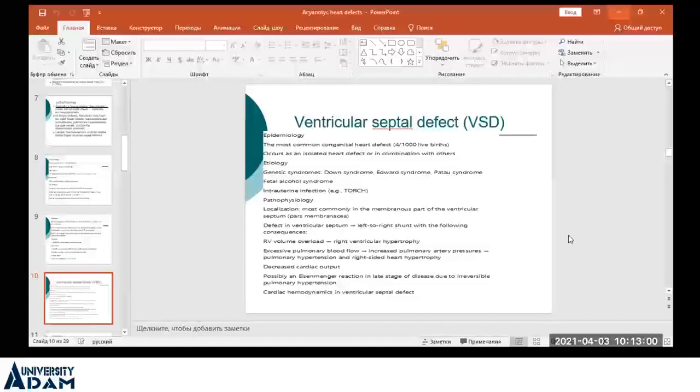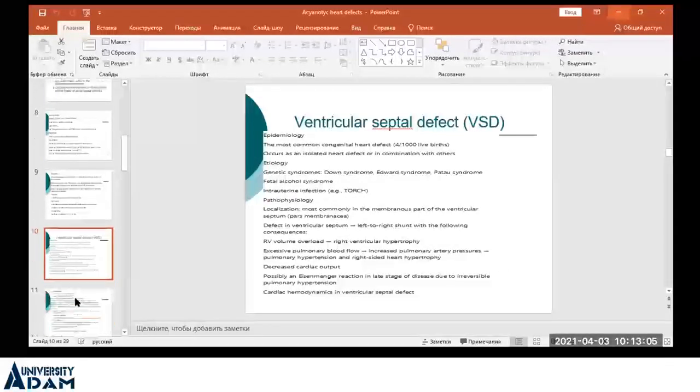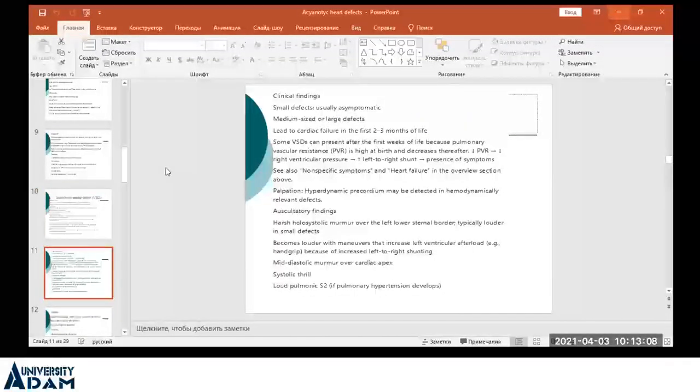Cardiac hemodynamics in ventricular septal defects also depends on the size of the defect. Clinical findings: small defects are usually asymptomatic; medium-sized or large defects lead to cardiac failure in the first 2-3 months of life. Before this age, you can see the compensation process in the clinic.